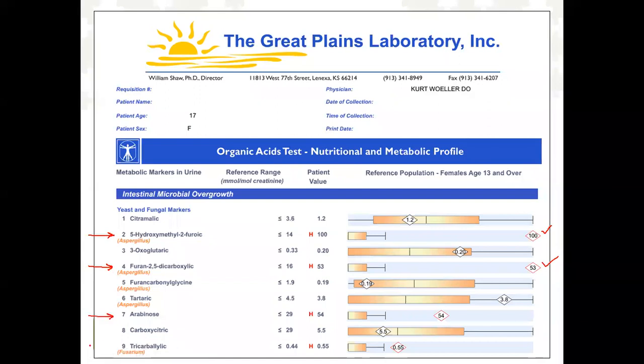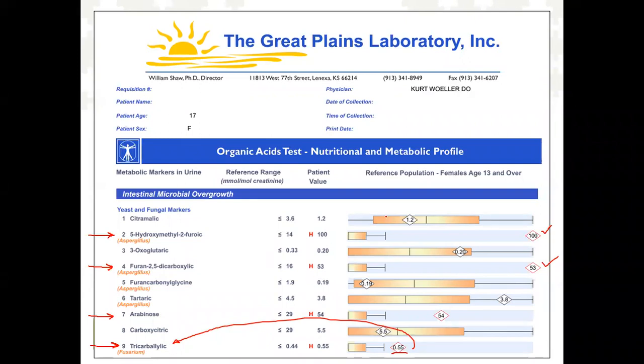We also have an elevation of tricarballylic. When the tricarballylic is elevated, you know that Fusarium mold is in the gut. There's a particular toxin called fumonisin that, when it exists in the digestive tract, you get this chemical called tricarballylic that gets produced as a reflection of that.